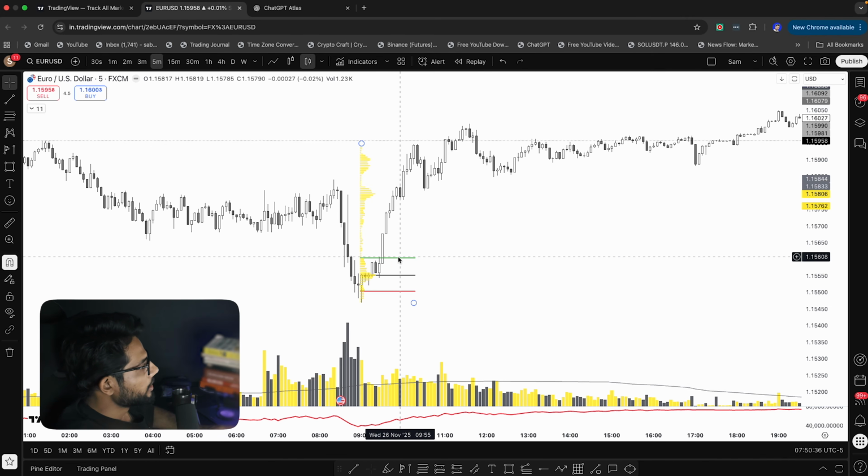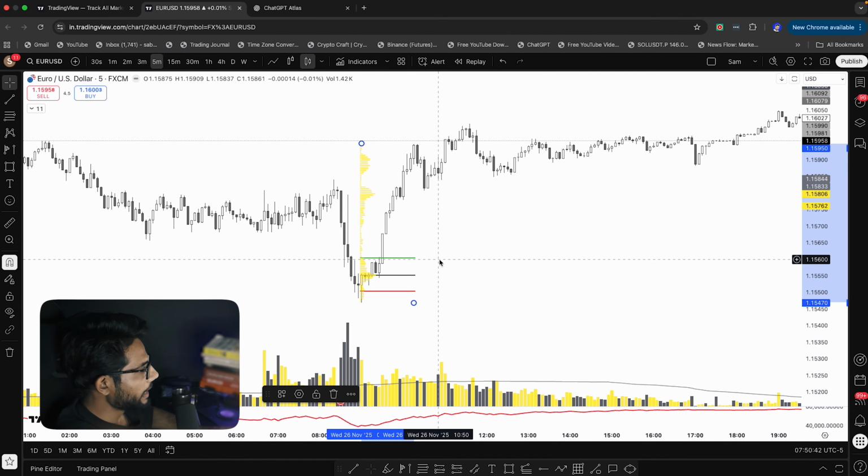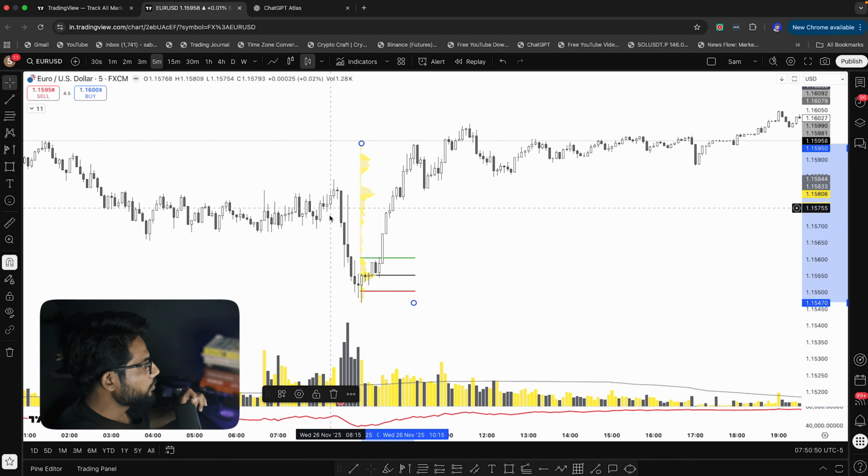Now this green, black and red lines: this is called the value area high, this is called the POC, and this is called the value area low. The POC is the point where, in this volume profile, the most volume was traded at that price.